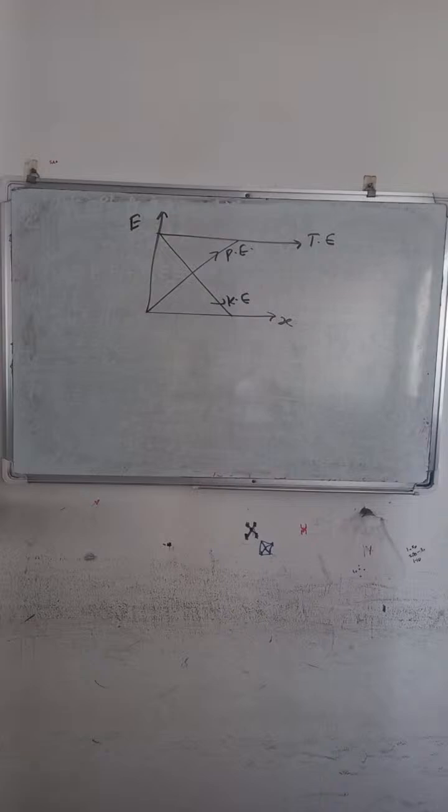Now we are moving towards collision. Collision means two bodies are colliding on each other. Whenever there is a collision, both bodies are moving, or one body is moving and another body is at rest, or vice versa.